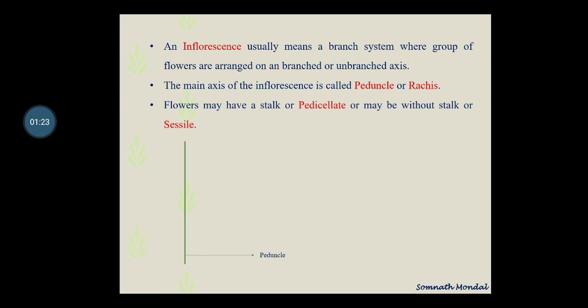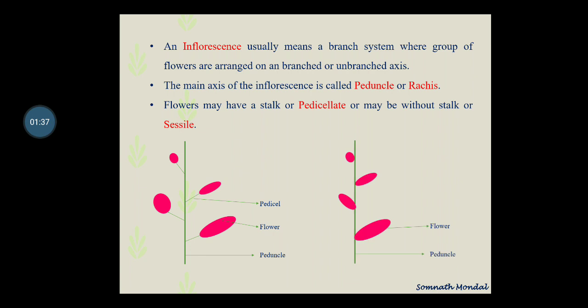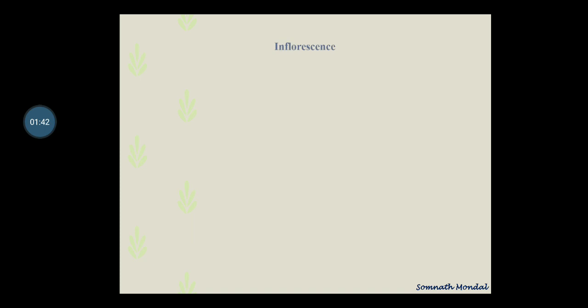On peduncle, flowers may have stalk or pedicel, and then we will call them as pedicellate flowers, or maybe without stalk, that is flowers may be sessile.